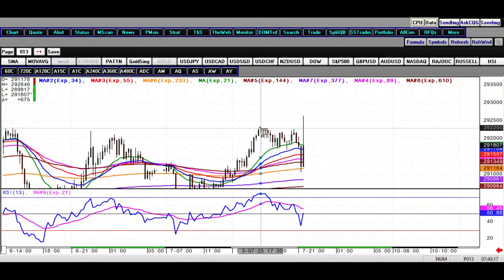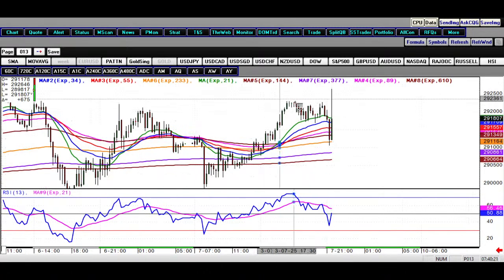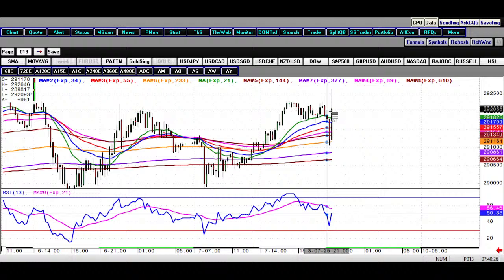But if it's not able to close above this, then this is going to be a failure, and the opposite might happen. So if you have taken the trade, I would suggest you try to book the profit. If you had a good entry point, try to close at 21, 22. Then we will wait for the market to get stability, and then we'll do a re-entry again.